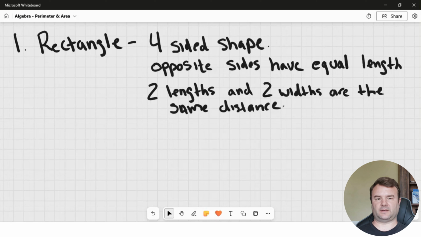And I like to go ahead and use several definitions for someone to latch on to the definition that they can remember the easiest. All these are perfectly fine, but basically a rectangle is a four-sided shape such that the opposite sides have equal length. All right. So let's go ahead and draw out our rectangle here.